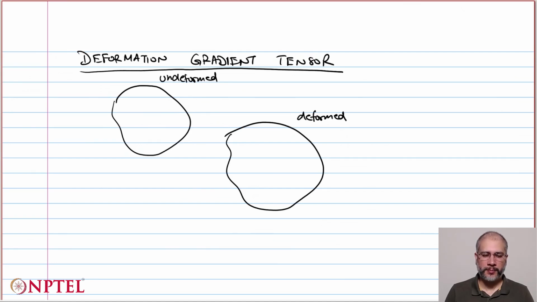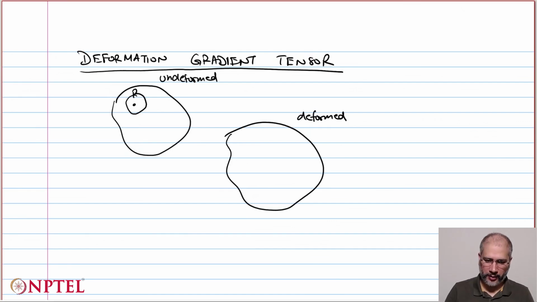So we have a point P in the undeformed configuration, and this P denotes a material point, that is some physical material point in the body. And what we're interested in is to understand what happens around P as the body deforms.